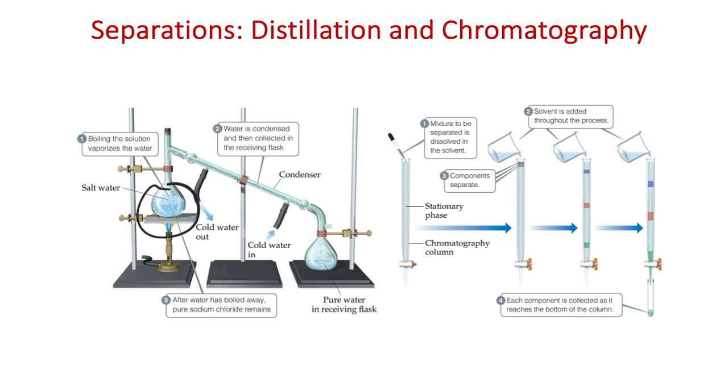This is common for ethanol. You have a process where you ferment alcohol, and if you ferment alcohol, you can get up to maybe 15 or 20% alcohol by volume just by that process.